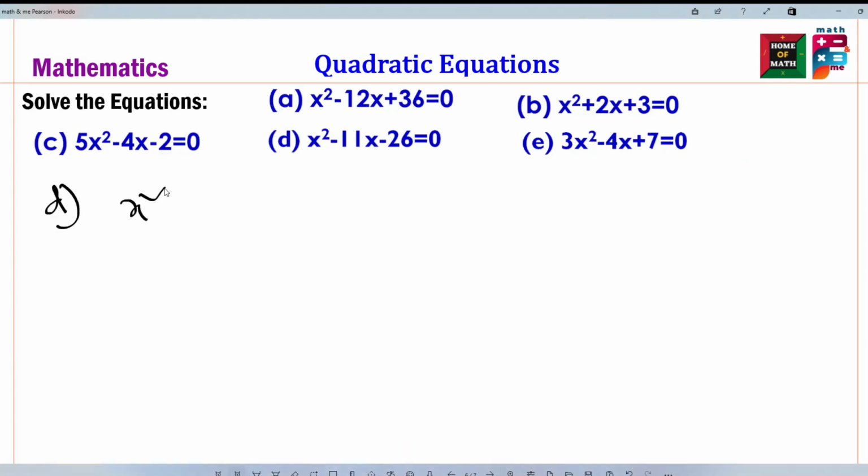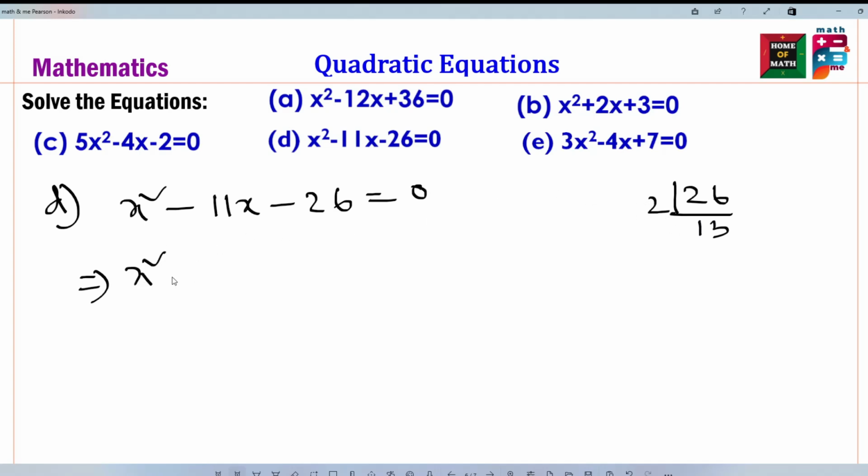D, here is x square minus 11x minus 26 equals 0. This one we can solve very easily by factoring, because 26 we can write as 2 times 13. If we divide 26 by 2, we will get 13. So 13 minus 2 is 11, and 13 into 2 is 26. So we can write here x square minus 13x plus 2x minus 26 equals 0.